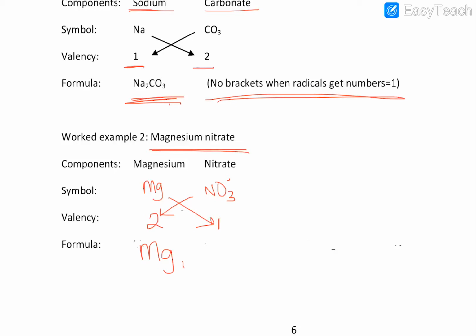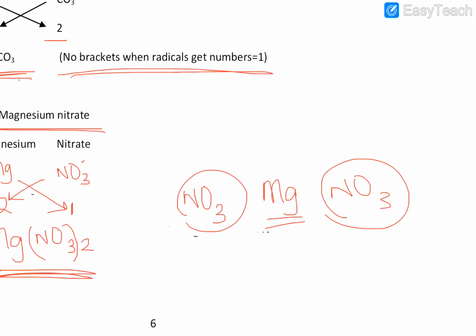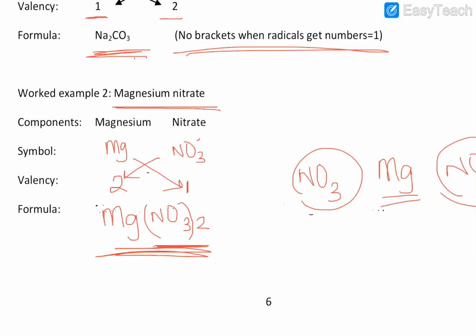You don't write that 1 as a subscript, so Mg NO3. Now there's 2 NO3. So if I just put a 2 here, it becomes NO32, which is wrong. So I need to use brackets to show that NO3 is occurring 2 times, which means that in this molecule you will have magnesium, and then one NO3 and a second NO3 that will bond with the magnesium. This is why you have NO3 twice in brackets.